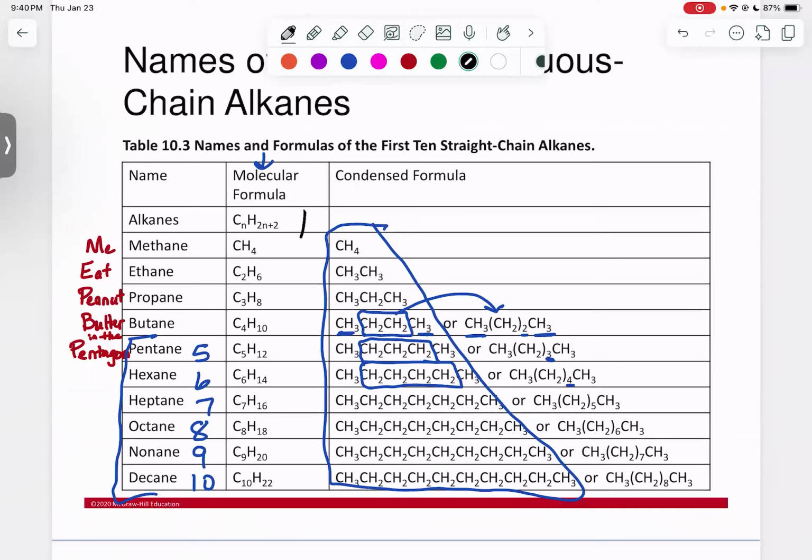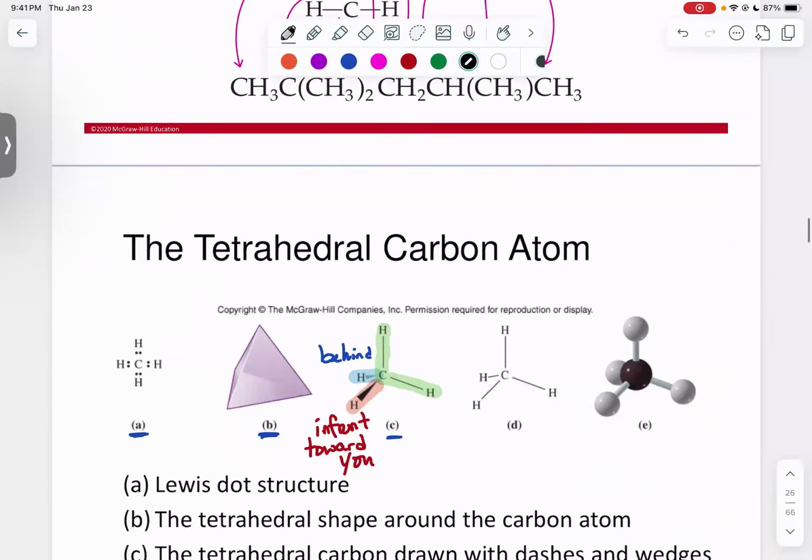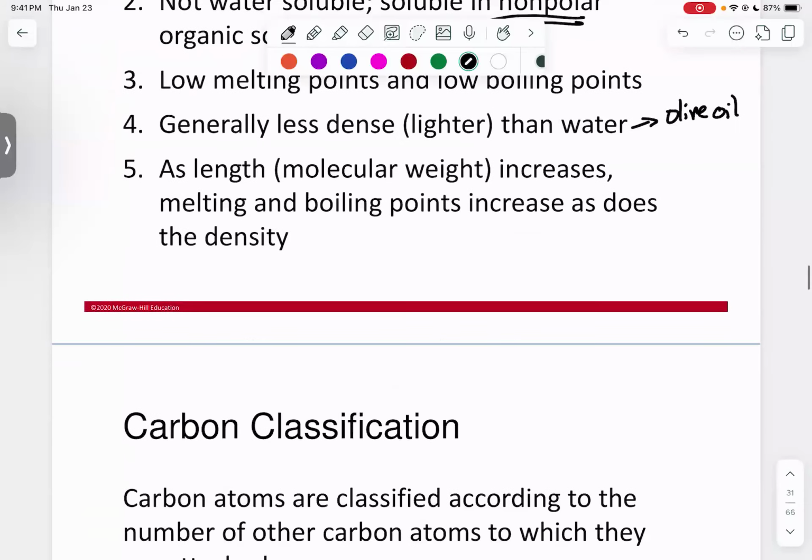And as we go down this way, we increase the number of carbons. So therefore, we increase the intermolecular forces present, and therefore we increase the boiling point. So it's those trends you should be able to recognize and account for.